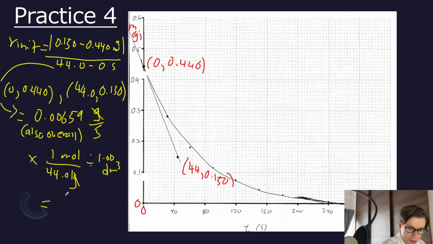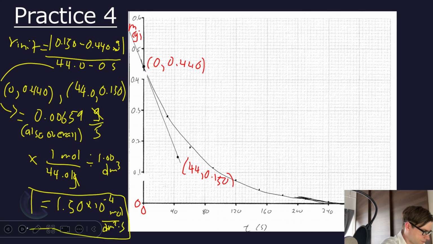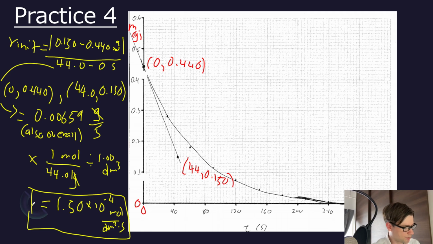We end up then with 1.5 times 10 to the minus 4 mole per decimeter cubed per second. Okay, so we can do that just because we have a 1 decimeter cube container, and if we divide by the molar mass of CO2, we can convert grams into moles. Just a bit of dimensional analysis, but don't forget how to do that.